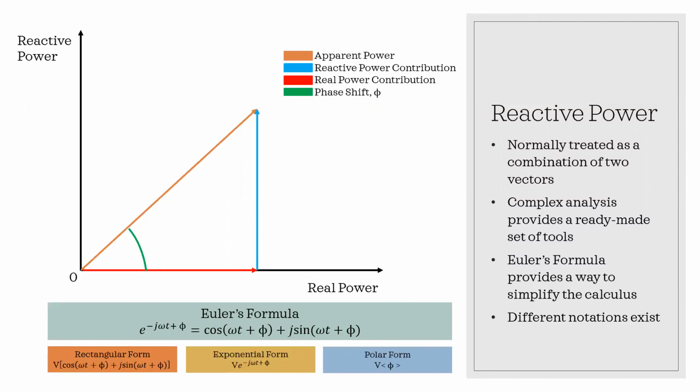What's very common, especially in engineering fields, is the polar form. The polar form is the magnitude of our complex number and then the angle between our real and reactive power. All three of these give the same information. Some of them are cleaner to look at, some of them are easier to analyze. They all give the same information.